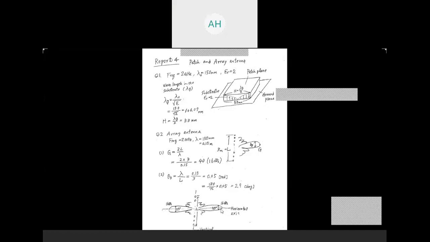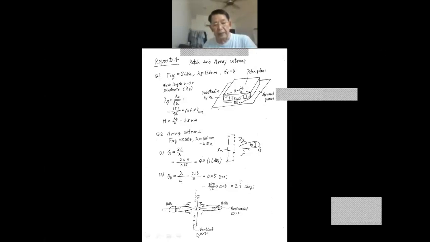The very strong radiation is only in the horizontal, and going to the vertical direction, the amplitude decreases very rapidly. The only strong beam area is 2.9 degree around the horizontal. Very sharp in the horizontal. This shows the radiation pattern of the array antenna.